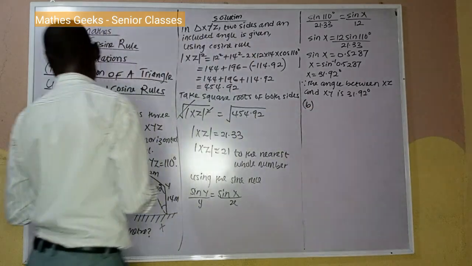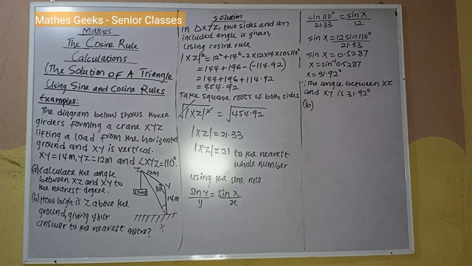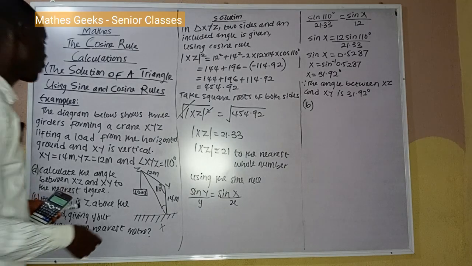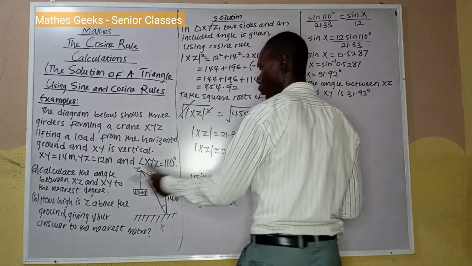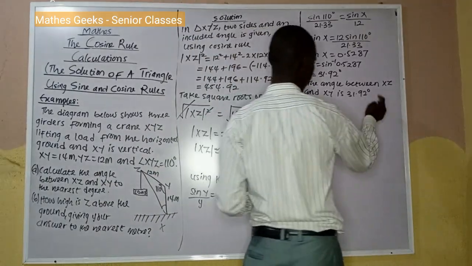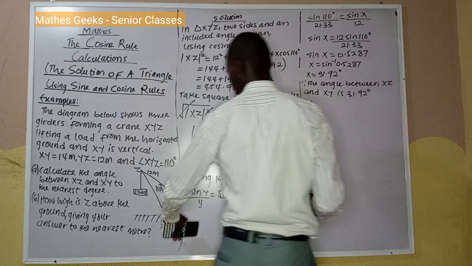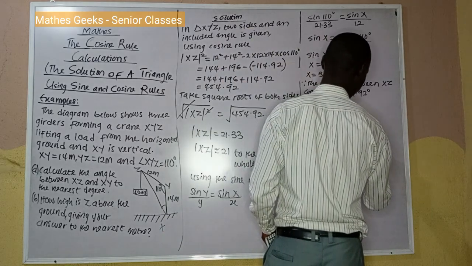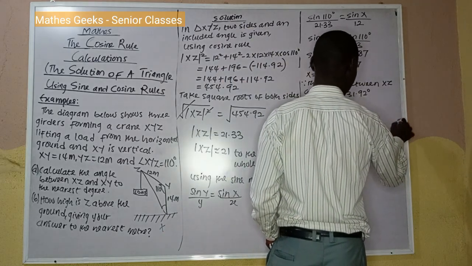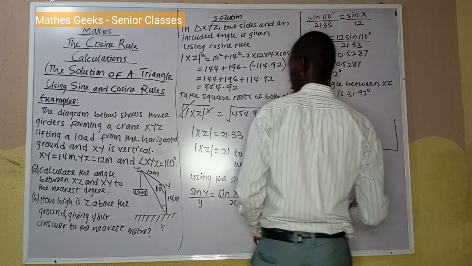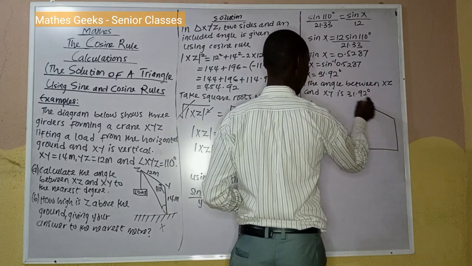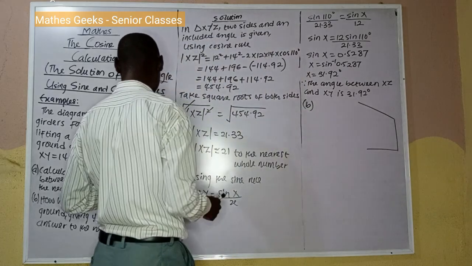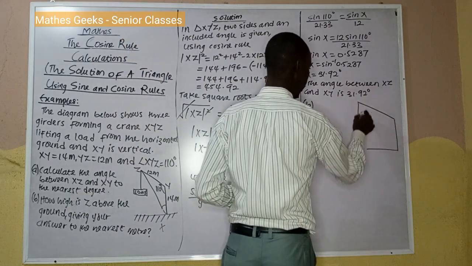B. This says how high is Z above the ground, giving your answer to the nearest meter. So here we're going to draw the diagram again to fit into what we're told to calculate. Remember that X is the ground level. So let's have something like this, and then like this, and then at this point we have this here, and then we have this part coming down.